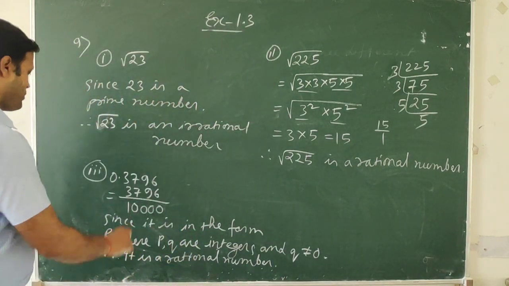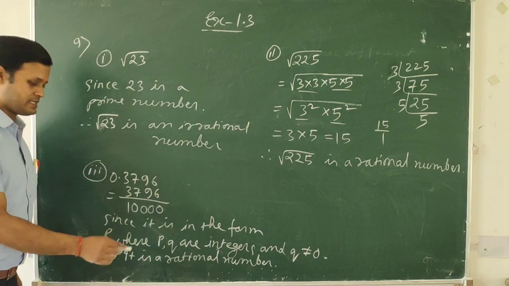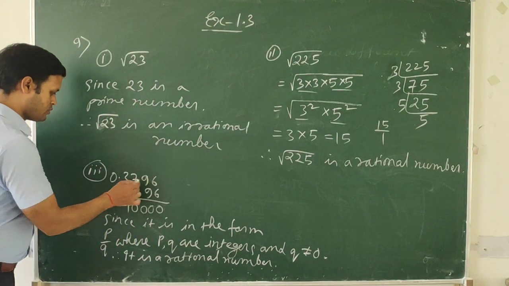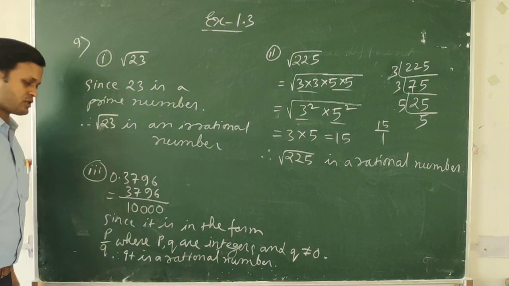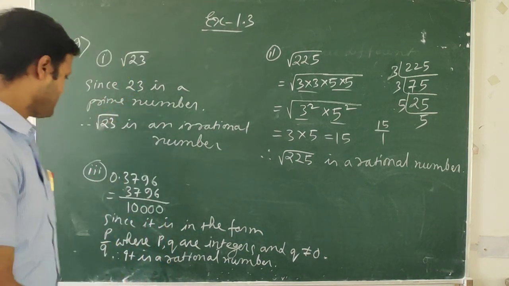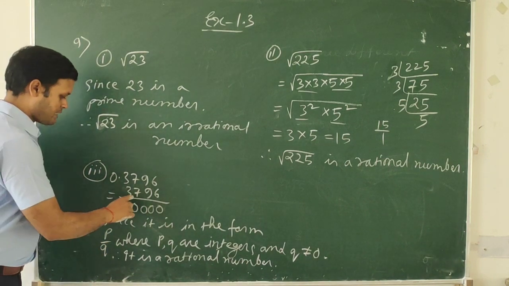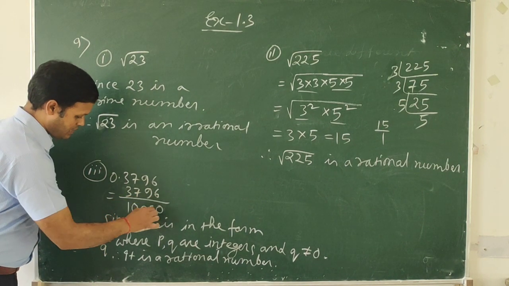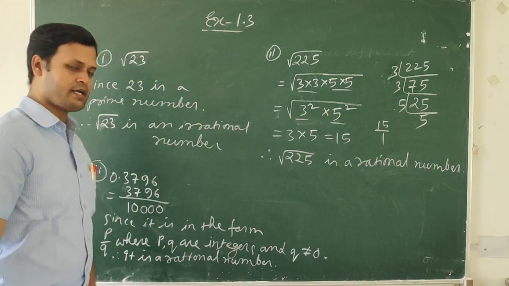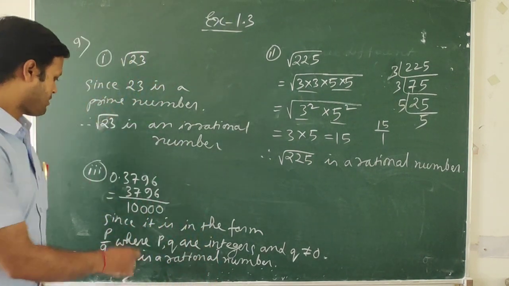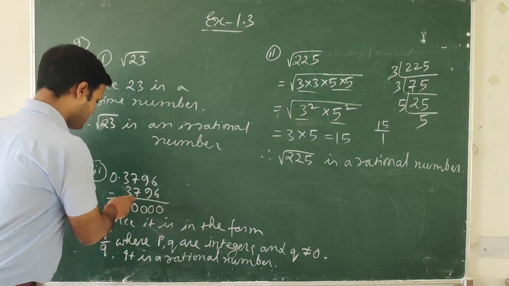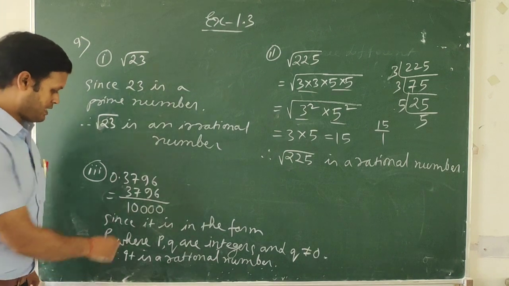And here you see 0.3796. How many places after the decimal are there? This is what kind of decimal? Terminating decimal, isn't it? So 1, 2, 3, 4. 4 places after the decimal are there. After 1 you write 4 zeros. So this is in the form p by q, isn't it? So 3796 by 10000. This is in the form p by q, where p, q are integers and q is not equal to 0. Here this number 3796 is an integer, yes, and 10,000 is also an integer.